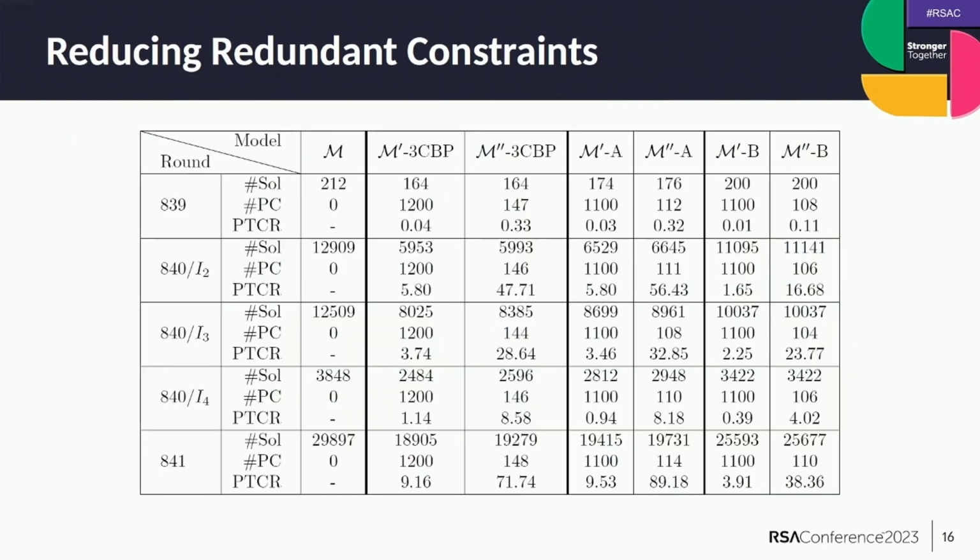M is the graph-based model without any pruning patterns. M prime is a model with pruning patterns everywhere, and M double prime is the model with pruning patterns only at the terminal node. We can see that the PTCR has been improved by 7 to 10 times.